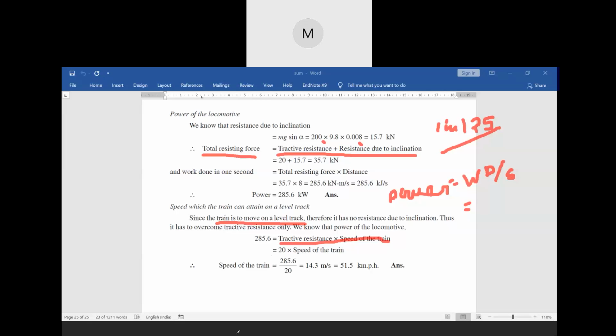We have to use only tractive resistance, because the train moves on a horizontal line, not an inclined line. So there will be no resistance force from gravity, no mg sin component. You should say there is no resistance due to inclination, so we considered only the plane. Understood?